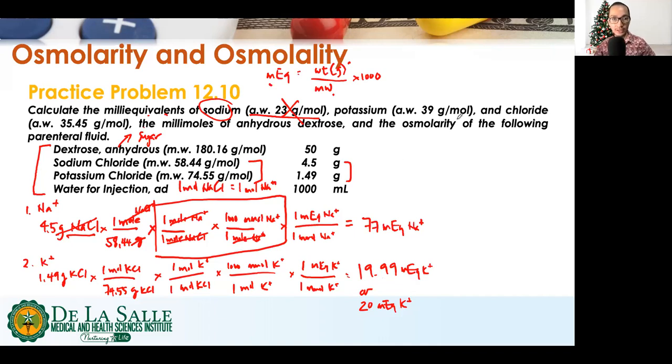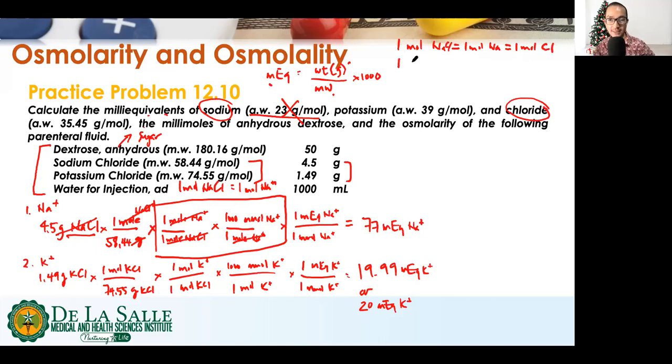Now, next you are asked to determine the MEQ of calcium. This is again something you need to observe. Notice that 1 mole of sodium chloride contains 1 mole of sodium and 1 mole of chloride.